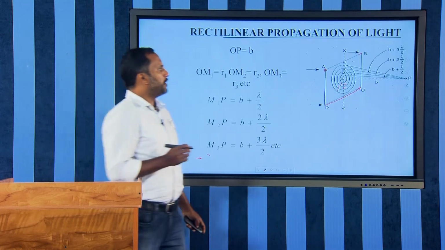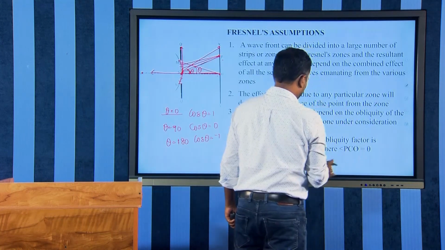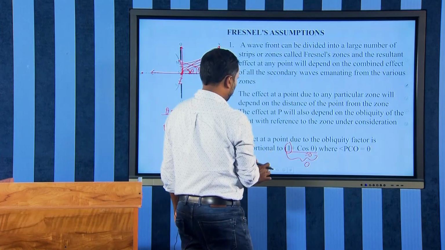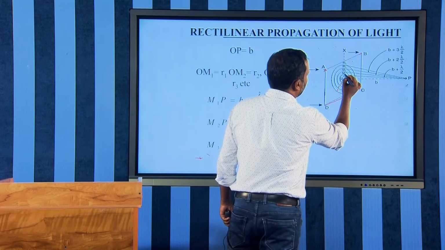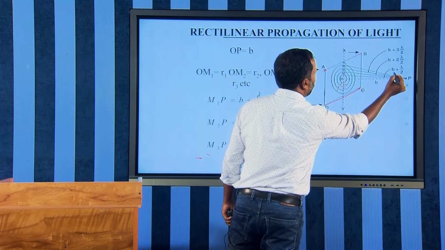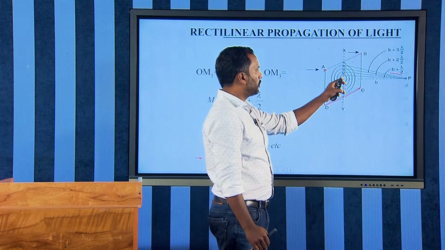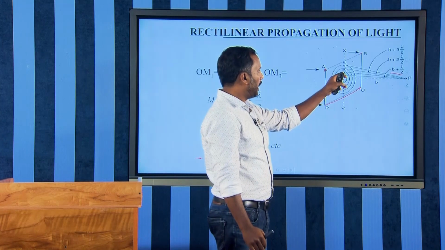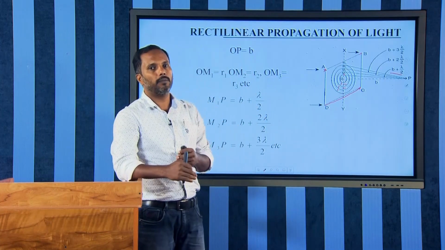Now, if the distance from O to P is B, then the distance from M1 to P should be B plus lambda by 2. That means this ray is from the first zone and this wave is from the second zone. Therefore, there should be a path difference of lambda by 2.